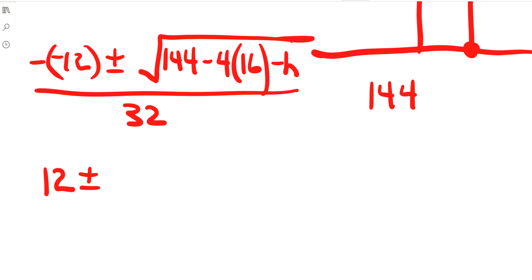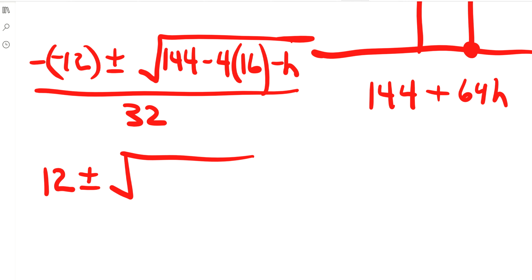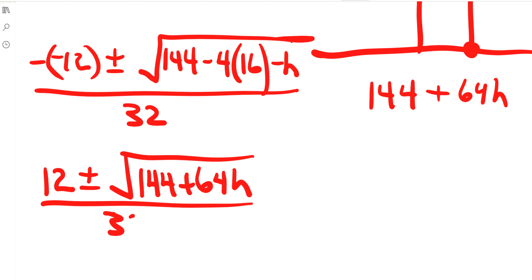Okay, so that would be 4h times 16. Well, that's going to give us positive 64h. It looks like. All right, and that's going to be my radical. So it's going to be the square root of 144 plus 64h, all divided by 32.